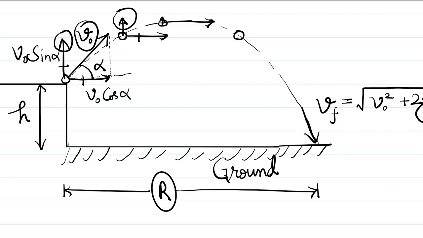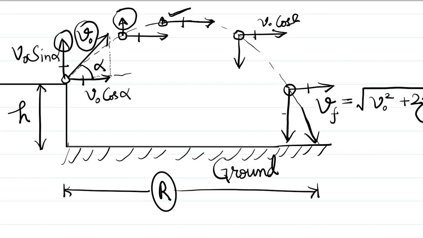Now, maximum height I am assuming to be here, and after the particle has reached maximum height, the particle will still continue to move horizontally with velocity v0 cos alpha. However, its vertical component of velocity will start to increase, but in the downwards direction. As the particle moves further, every single time I am representing all horizontal components to be the same, and it is moving downwards with continuously increasing vertical component of velocity.